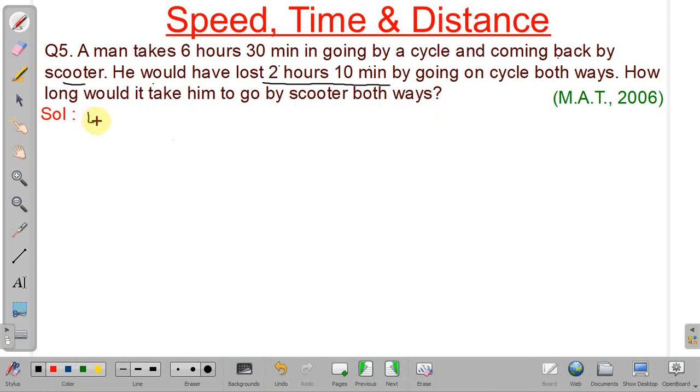So we will assume the journey distance, let the distance be x kilometers.